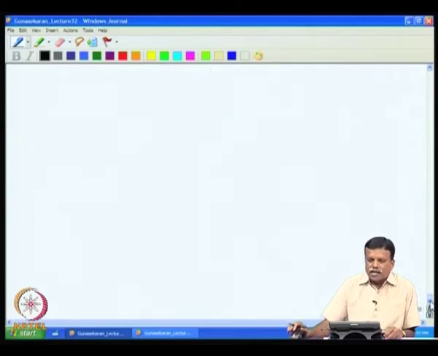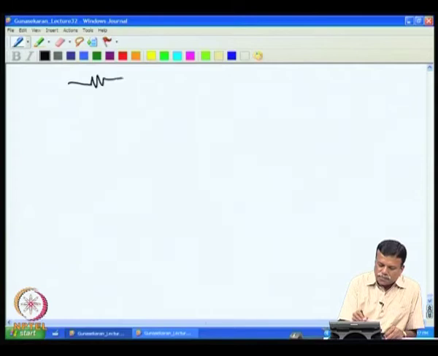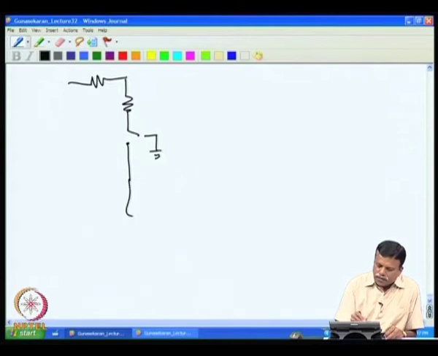Now let us see how the converter is fabricated using this R-2R technique. So here what is done is that you have the resistors R and 2R put, then you have the same summing amplifier.